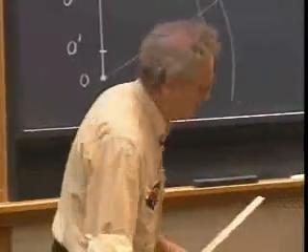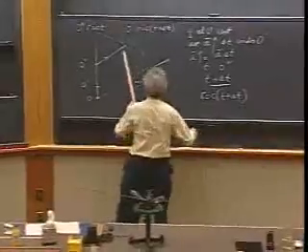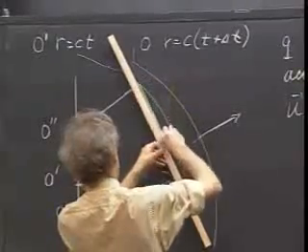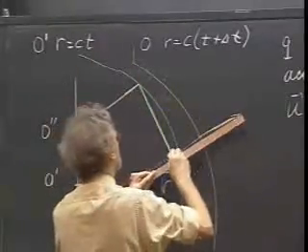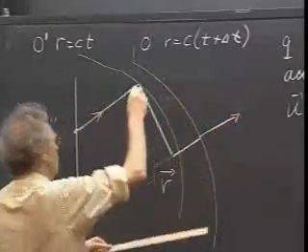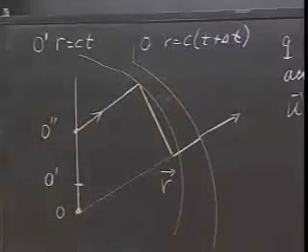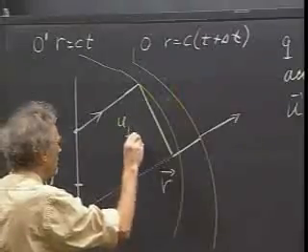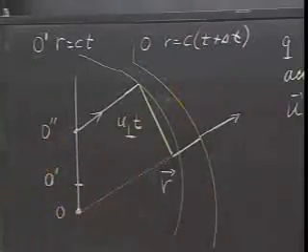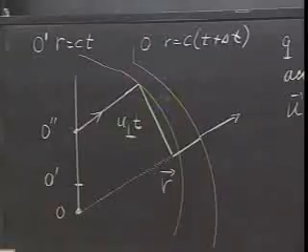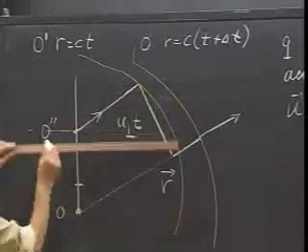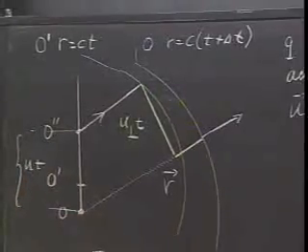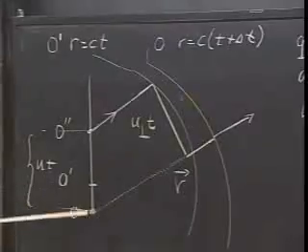Let me first make a drawing of a triangle that's going to be important, which is this triangle. This length here is u perpendicular times t. You can easily see why that is the case, because this distance here is ut. Now you may say, well, it wasn't going with velocity u here.